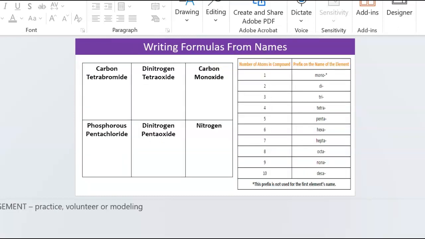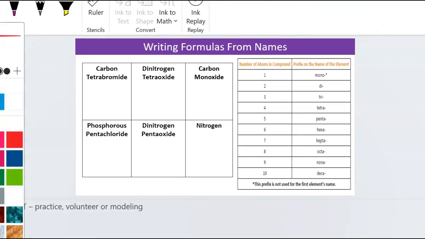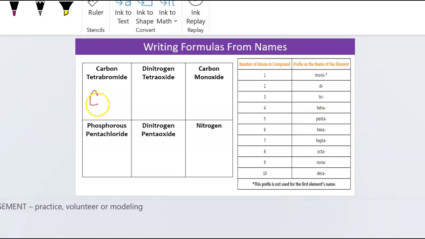These were the examples that we did last Friday. I'm going to walk through them again as an example. The first one says carbon, so I'm going to write C. And bromide is from bromine, and tetra is 4. So carbon tetrabromide.